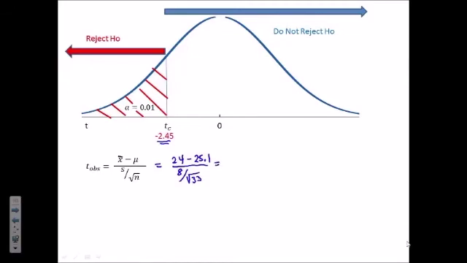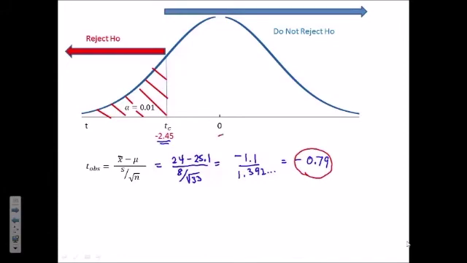Now if we do that computation, on top we get negative 1.1, and in the denominator 1.392 and so on. If we divide those, we get negative 0.79 rounded off. So there is T observed, and now we have to see, where does T observed fit in this picture?